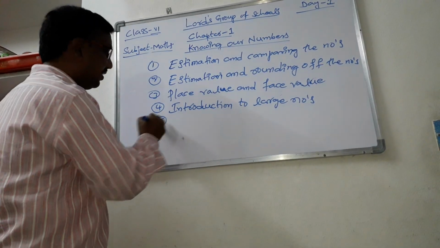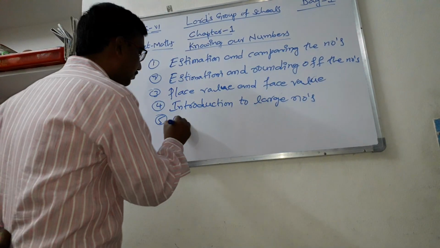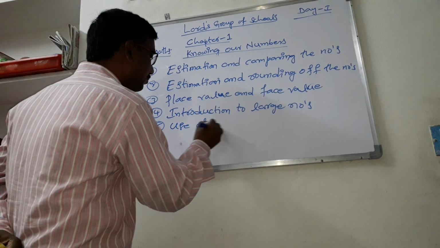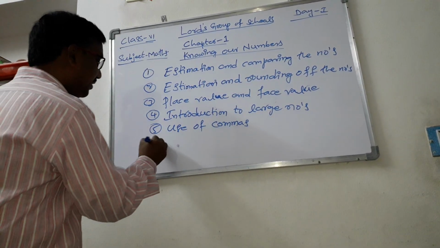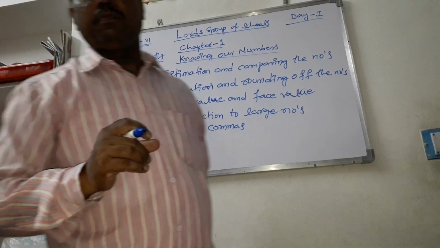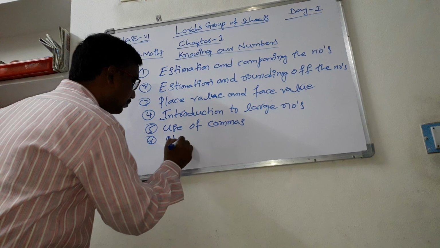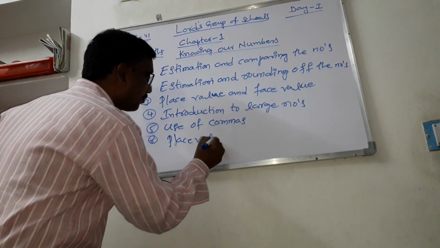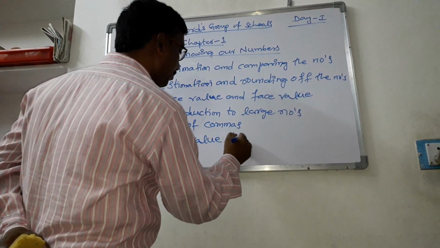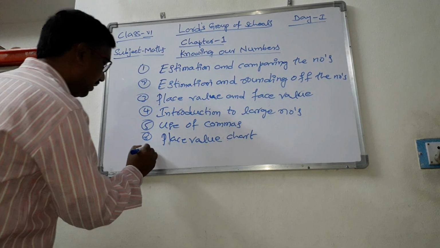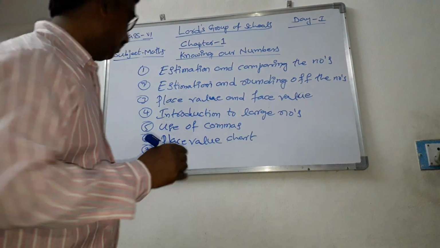And the next topic is use of commas. And next one is place value chart. And next one is Indian system of numeration.